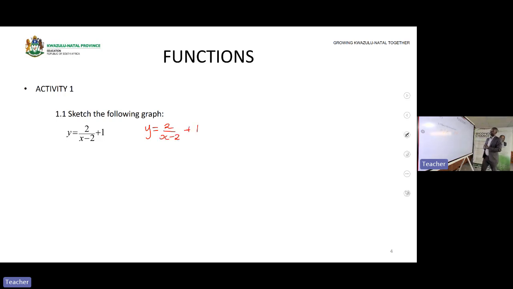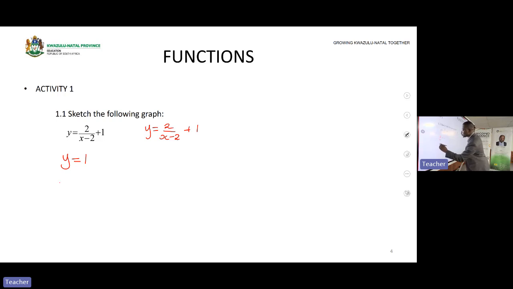Remember, I said to you, the value of p as well as the value of q represents our vertical as well as horizontal asymptote. So it's very important to write your equations of asymptotes first, because that's what you are going to need when you start sketching your graph. So our q here is 1. So the first equation of asymptote is y equals 1.